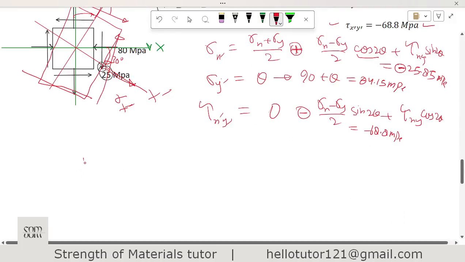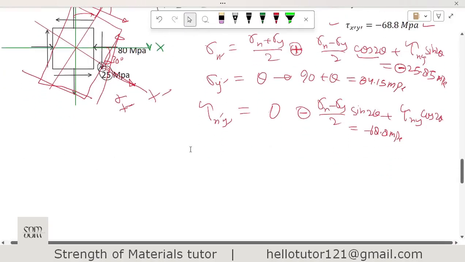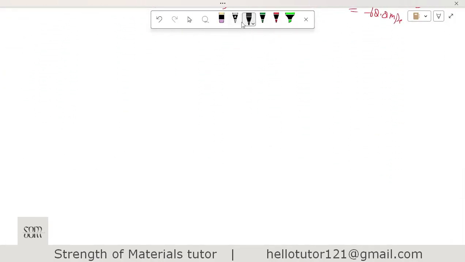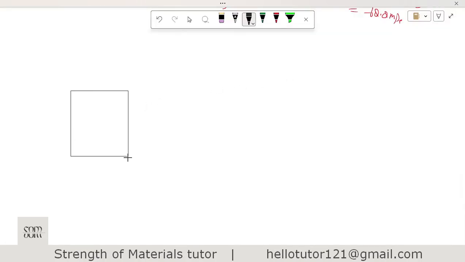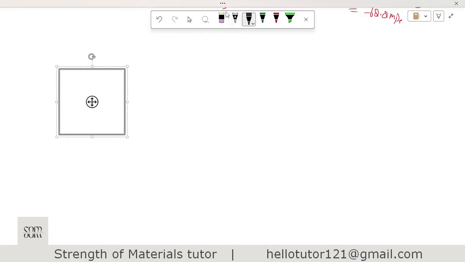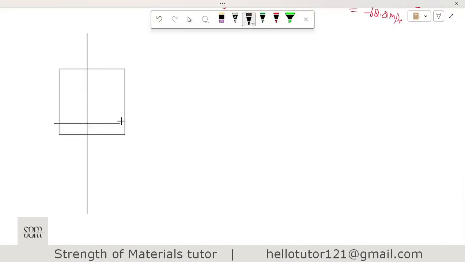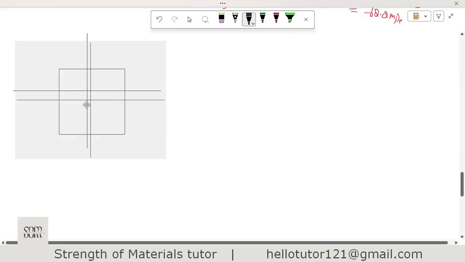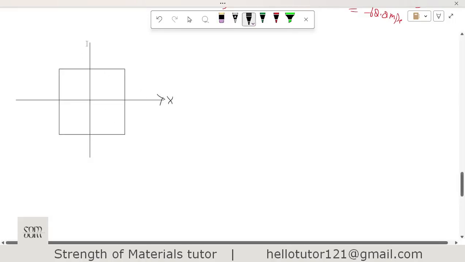I will show you this rotated. So this is positive x, and this is positive y, right?